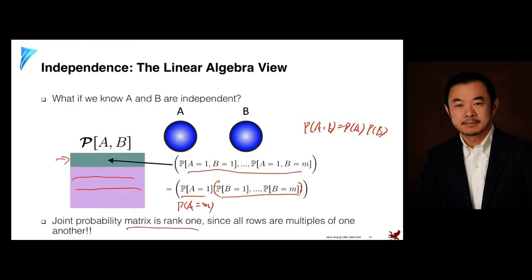This is the definition of a matrix rank. So there is now a direct correspondence between a matrix of the joint probability and the graphical model of this pair of random variables. A rank 1 matrix corresponds to an independent graphical model for the two random variables.